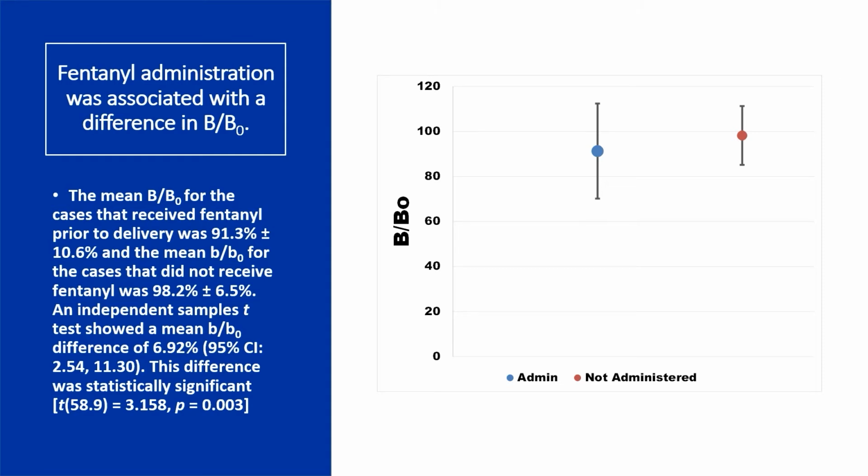And the mean B over B0 for cases that did not receive fentanyl was 98.2%. Using an independent samples t-test, this difference was statistically significant. However, all of these results are well removed from the average cutoff of 43%.